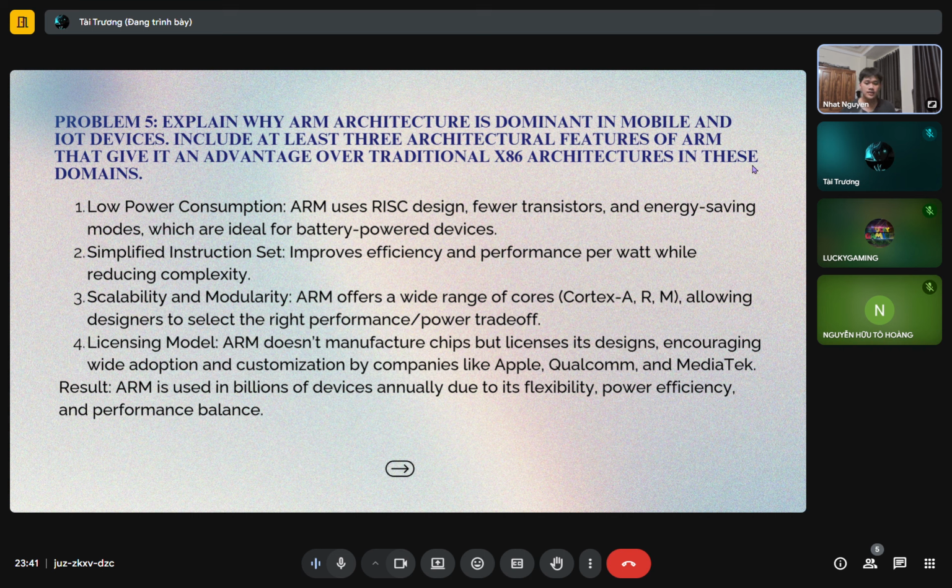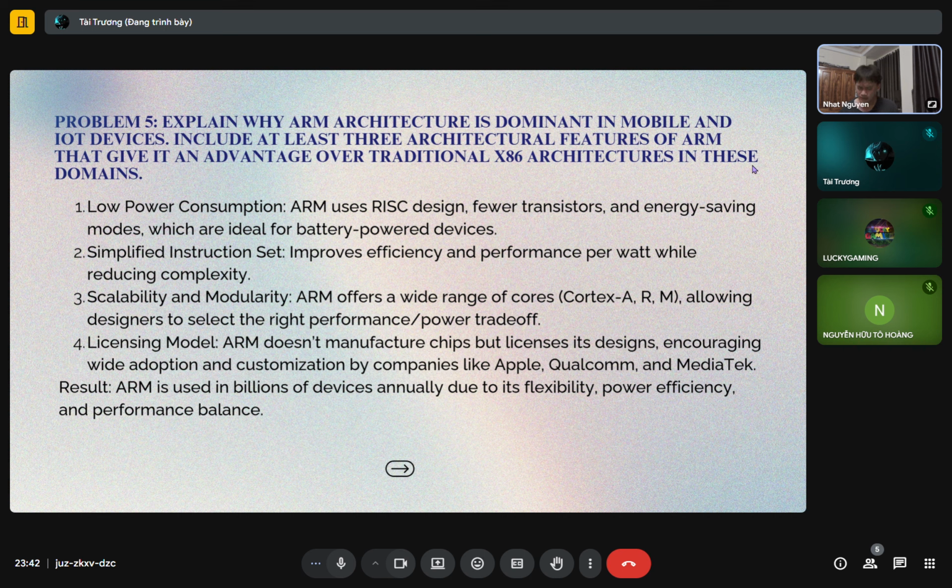The second is the simplified instruction set, improving efficiency and performance per watt while reducing complexity. The third is scalability and modularity: ARM offers a wide range of cores, allowing designers to select the right performance-power trade-off.